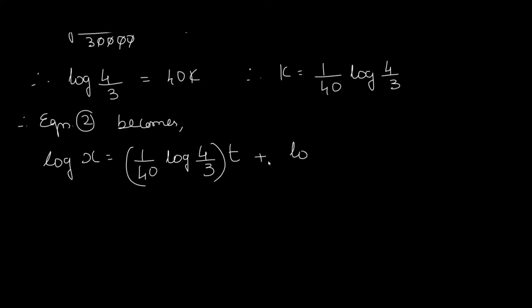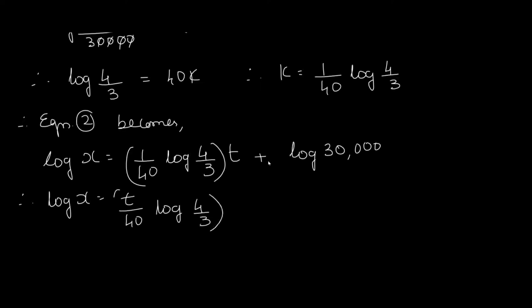C is actually log 30,000. We had found it out. So c is log 30,000. This way. And therefore we can write log x is equal to, now t into 1 upon 40 is t upon 40. So let me write that step over here. T upon 40 log 4 by 3 plus log 30,000.